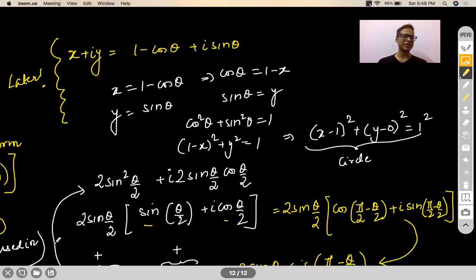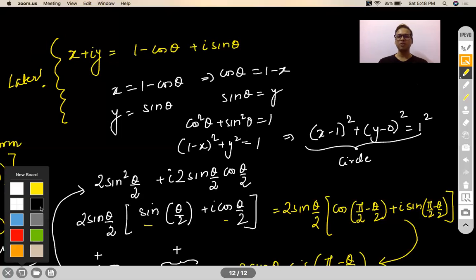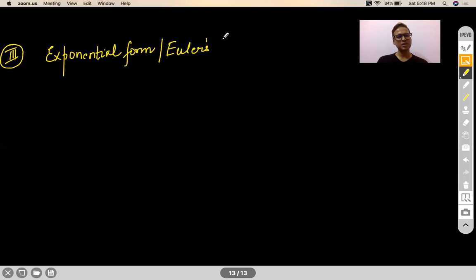No questions? Okay. Moving on to another form, which is what we call the exponential form or the Euler's form. Euler, remember the Swiss mathematician Leonhard Euler. One of the biggest mathematicians of his times, and I think of all times.